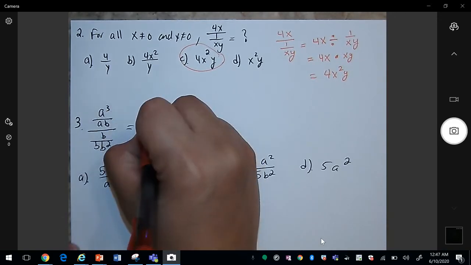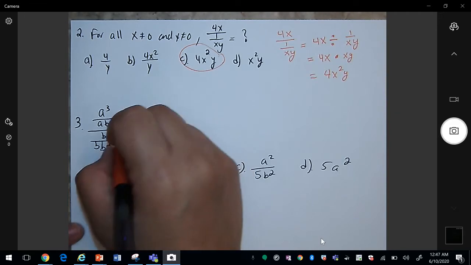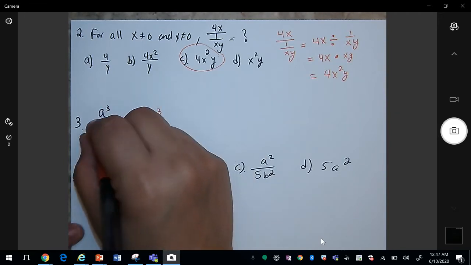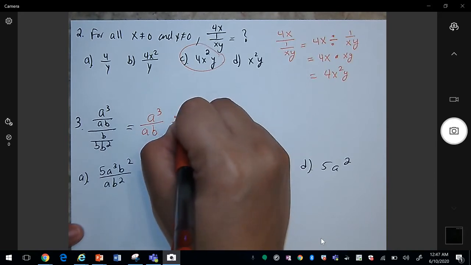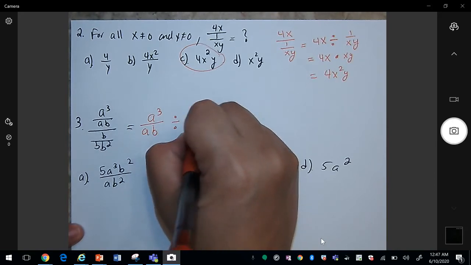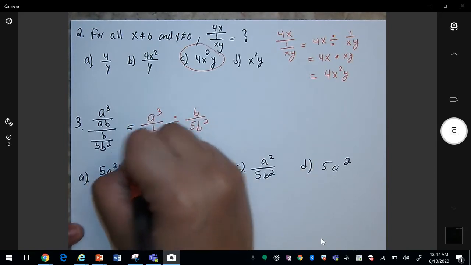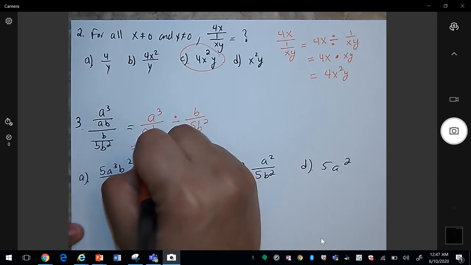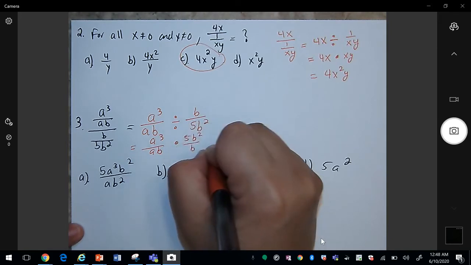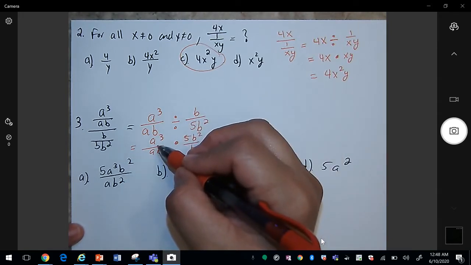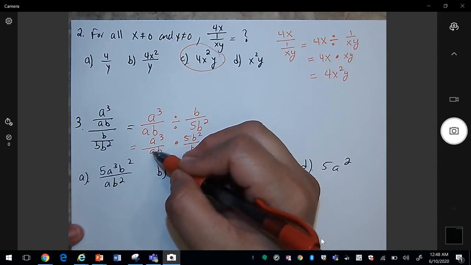This one I can rewrite as division as well as multiplication. So a cubed divided by ab divided by b over 5b squared. So I'm going to have a cubed divided by ab times 5b squared divided by b. And notice here that my a cubed and my a, I can reduce that already.